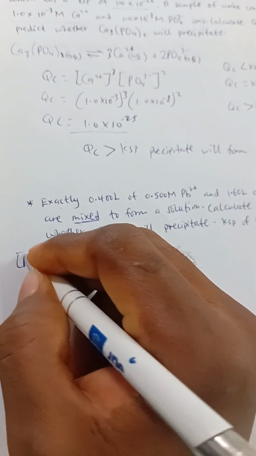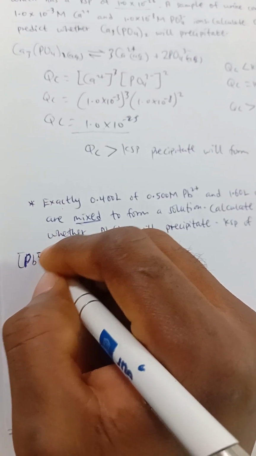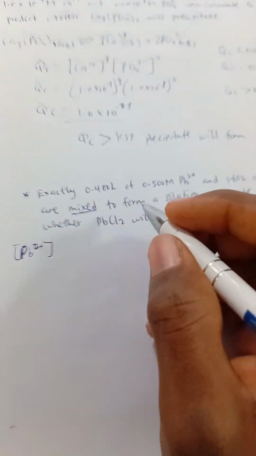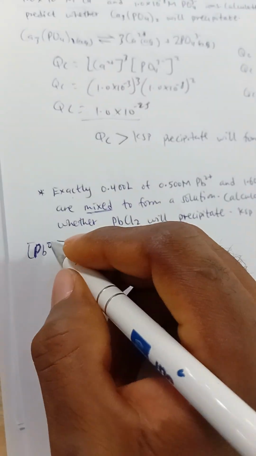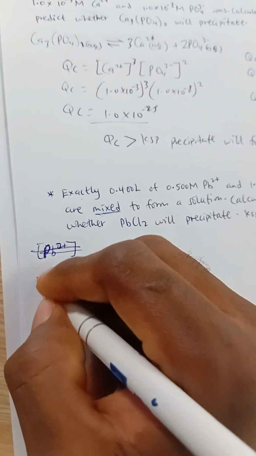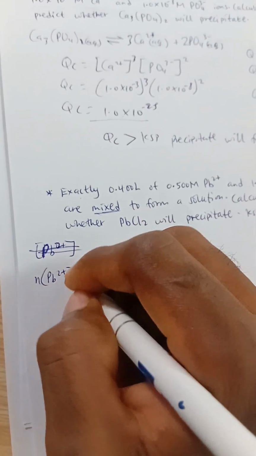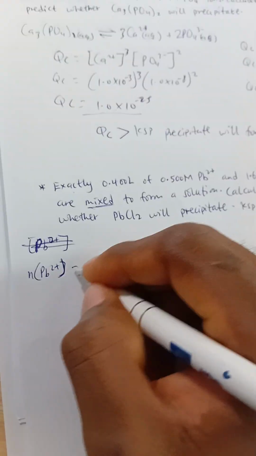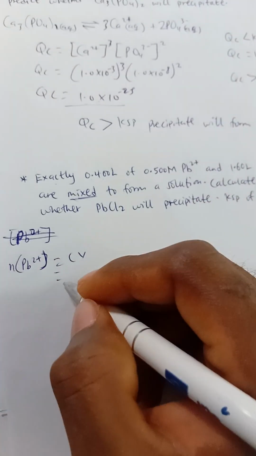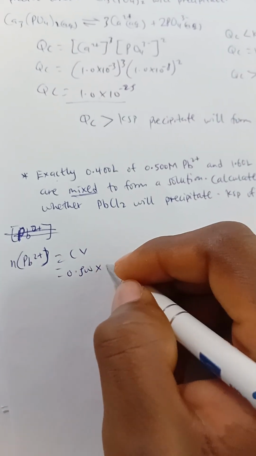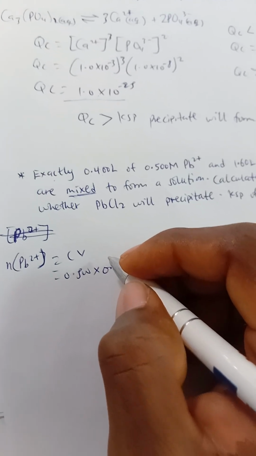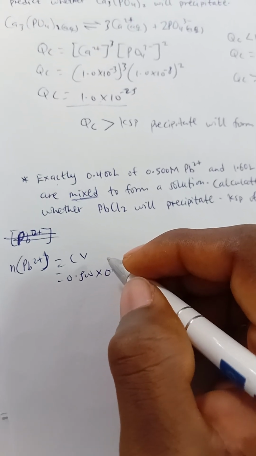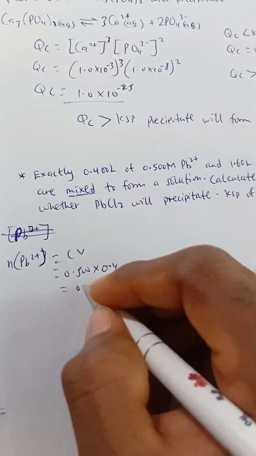So initial moles of Pb2 plus. Oh, sorry, not concentration. So initial mole is CV. So we just multiply 0.500 by 0.4. This is going to give us 0.2 mole.